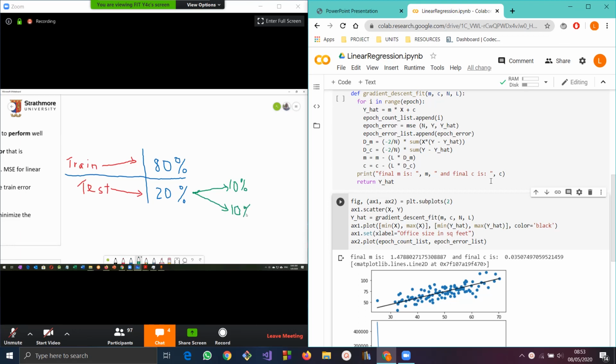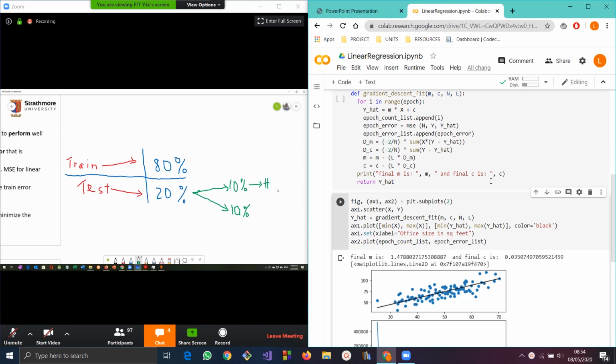So for the 100 rows that we had, we could have used 80 rows to train, then the last 20 rows for testing, so that we check. So 10% for hyperparameters setting, or meta parameters.